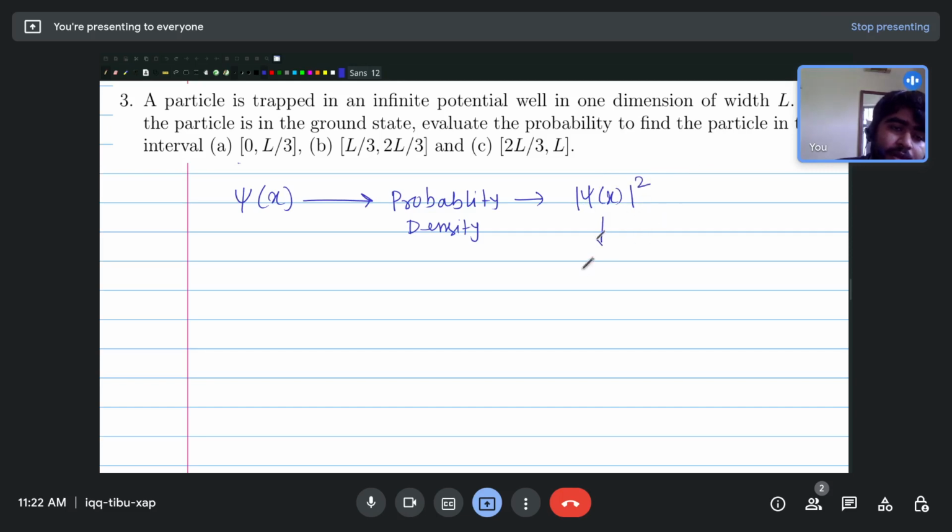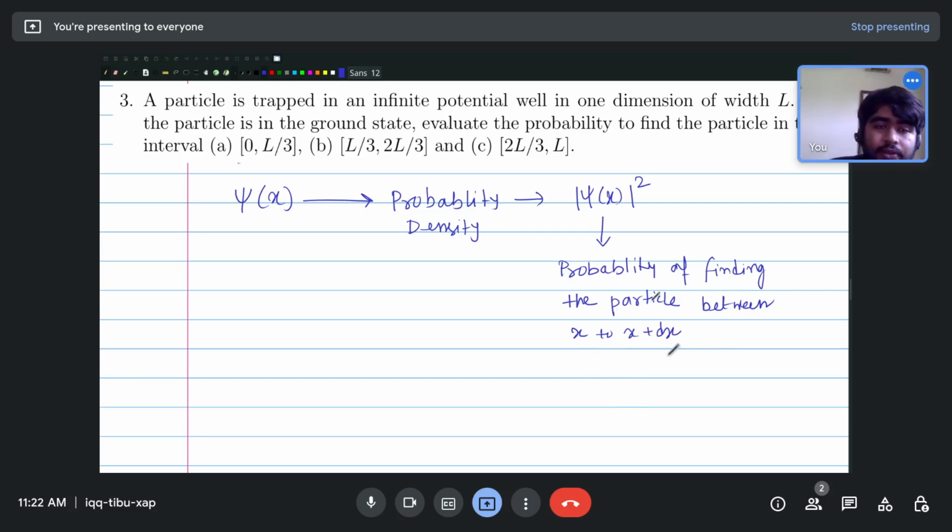This is the probability density of finding the particle between x and x plus dx.